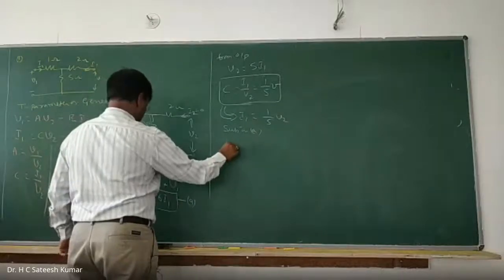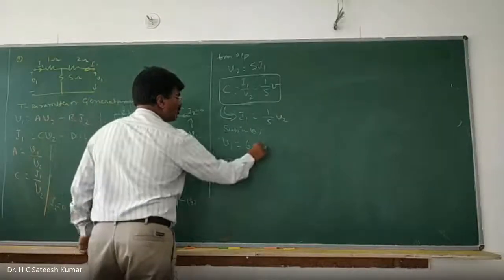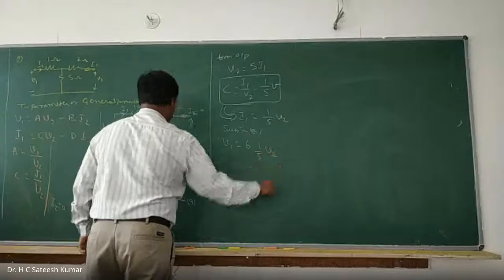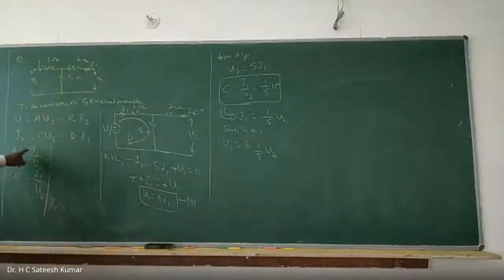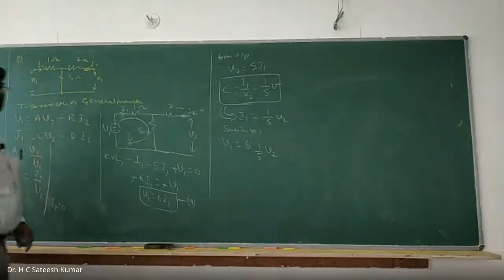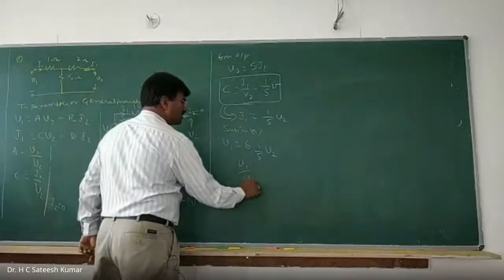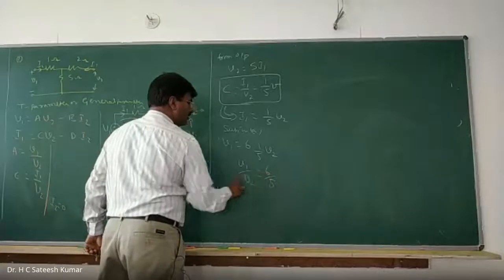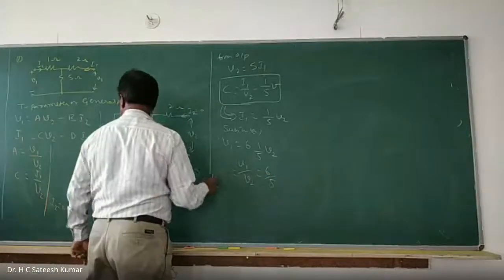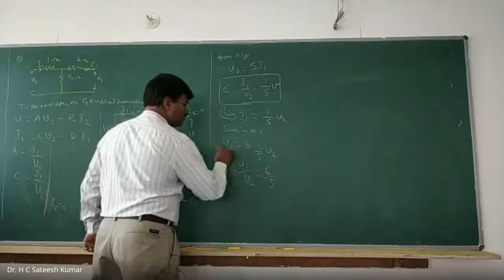V1 is equal to 6 into 1 by 5 V2. V1 by V2 I want. So V1 by V2 is equal to 6 by 5. And what do you call V1 by V2? A. That's it. No unit at all.